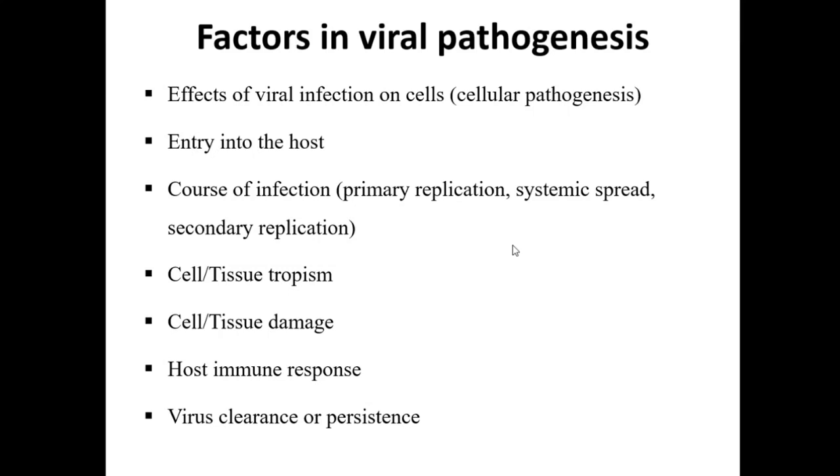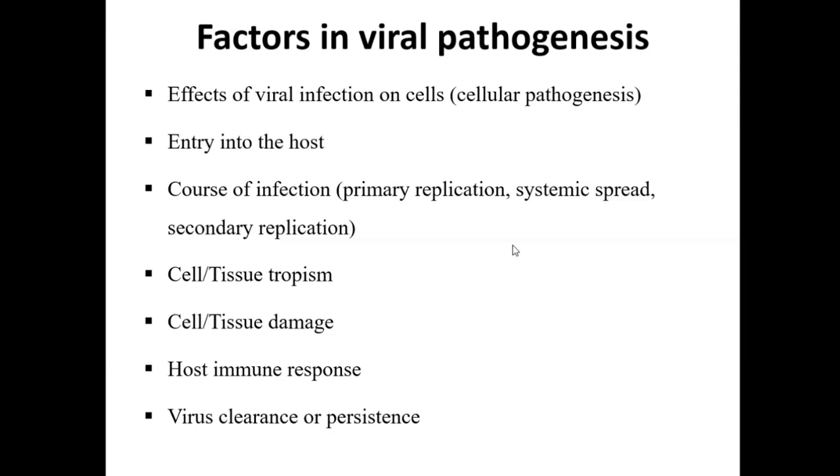So there are some factors to consider in viral pathogenesis. There is the cellular pathogenesis, that is the effect of the virus on the cell, how the viruses get inside the cell. We also have to consider the course of infection: primary replication, systemic spread, secondary replication.